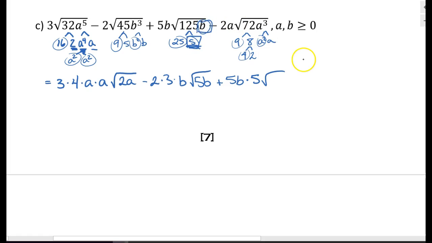Box those instead, so keep track of the difference. And finally, minus 2a times 3 times 2a, and all we're left with is not 8, but 2a.